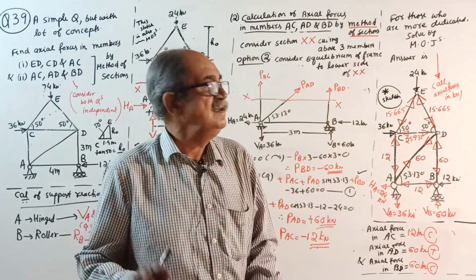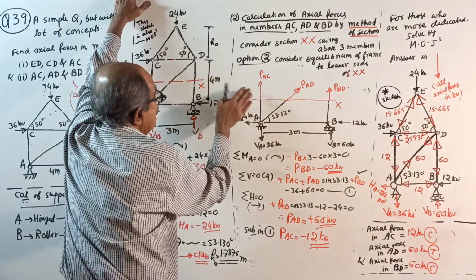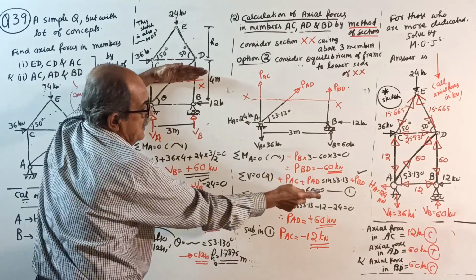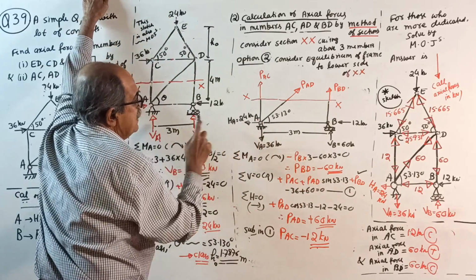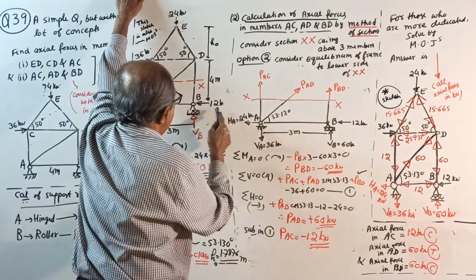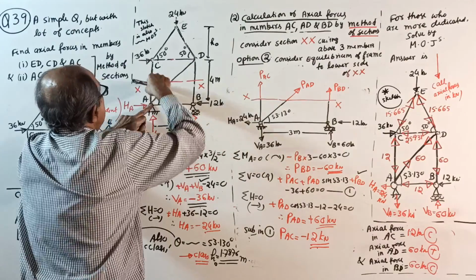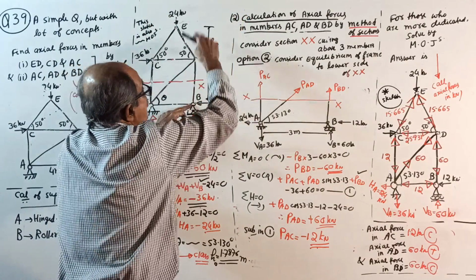I wrote everything. See, consider equilibrium to lower side. Here VA up you have taken negative, came sign, down 36. HA right is left 24. VB is 60. This force, chance of forgetting, 12. Force for AC, force for AD, force for BD.